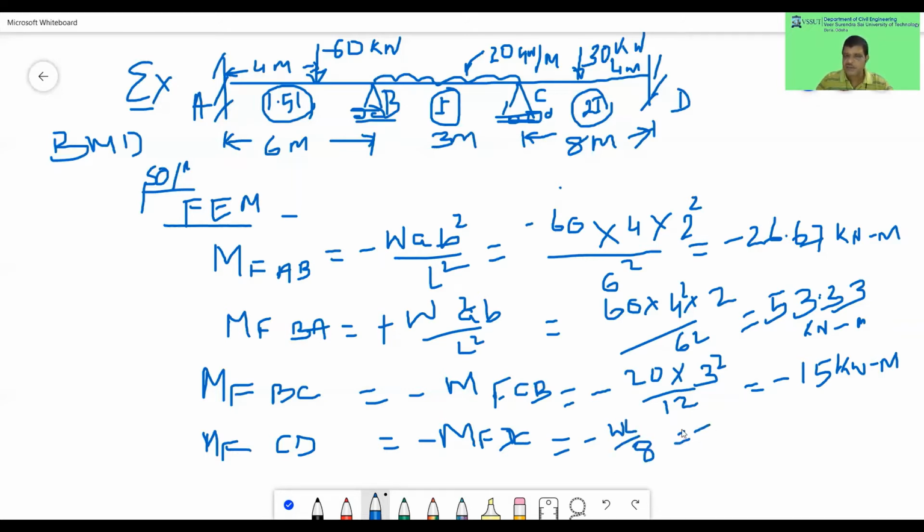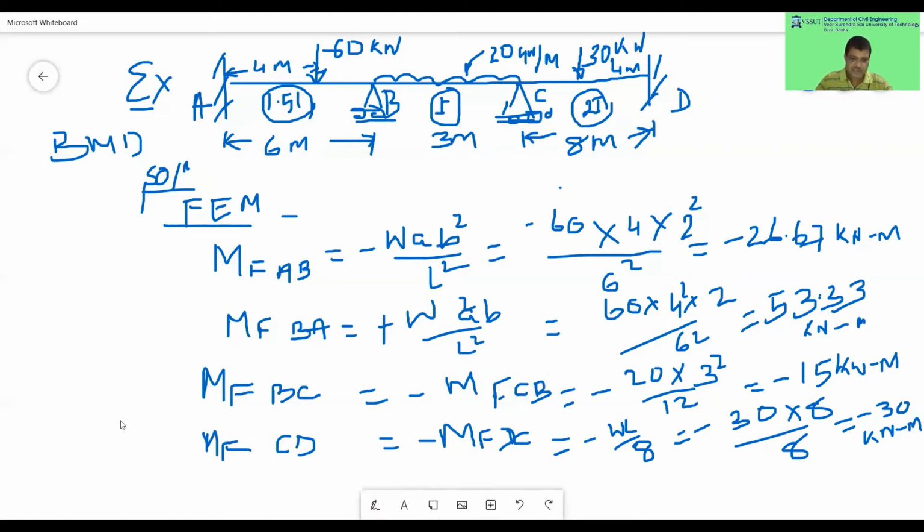So that is equal to minus W is 30, L is equal to 8, divided by 8. So this comes out to be minus 30 kilonewton meter. Okay. So now we have found the fixed end moments for different ends of the span.